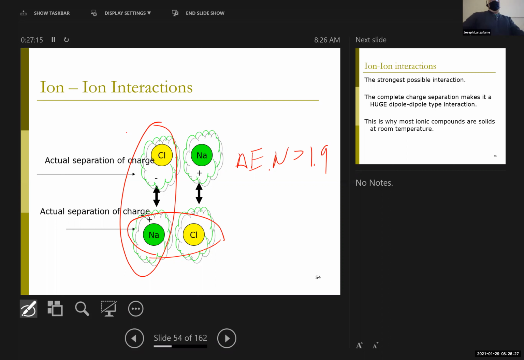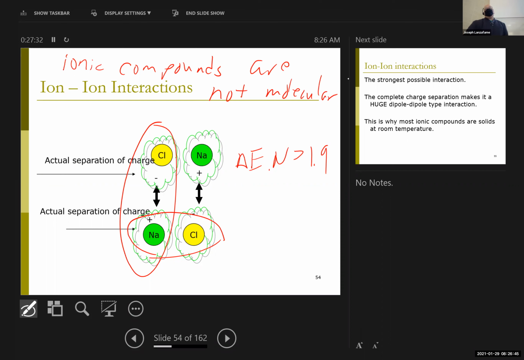This is the reason, and this is a common and constant refrain this entire semester, right? That I say ionic compounds are not molecular. That is critically important. We talked about it a little bit in the fall.